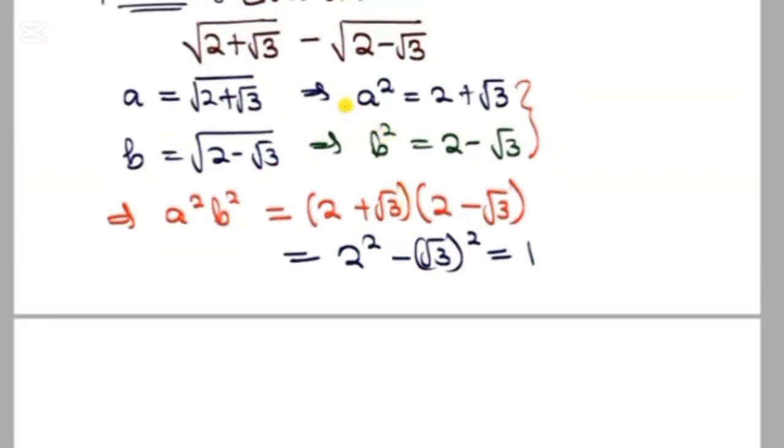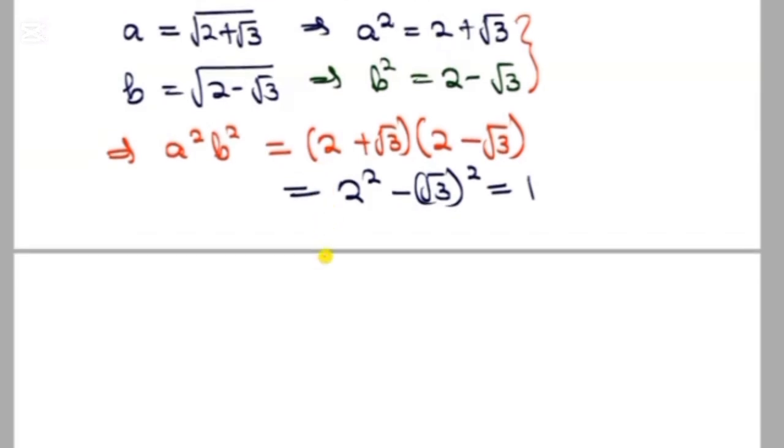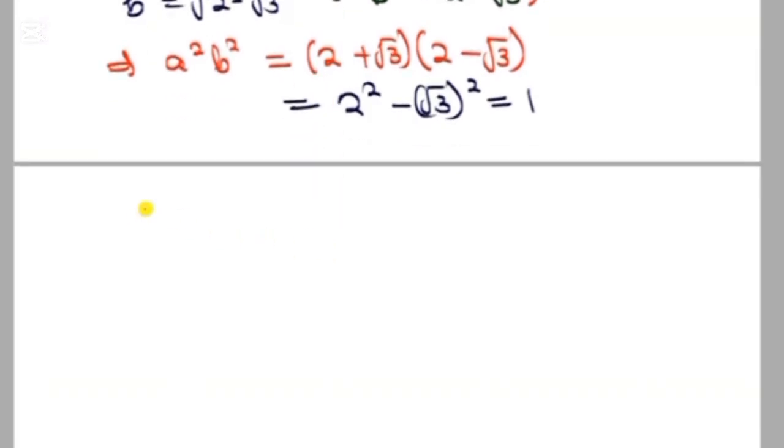Okay, so going forward now, from what we have here, remember from my substitution, what we are asked to evaluate will now be simply a minus b. So how do I get a minus b?